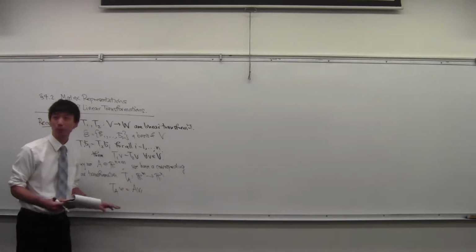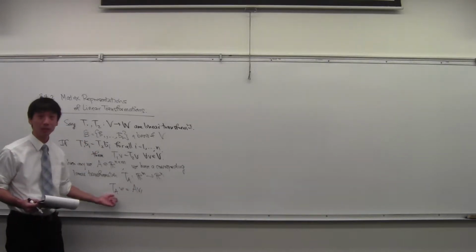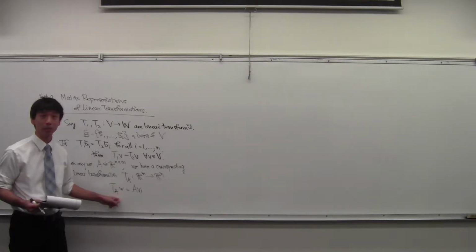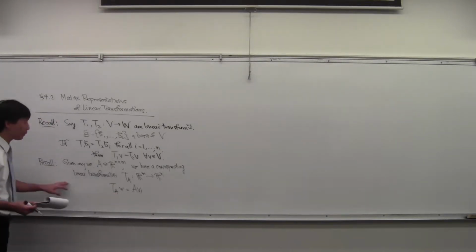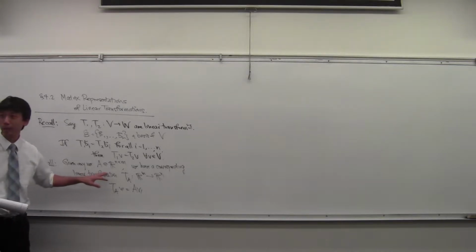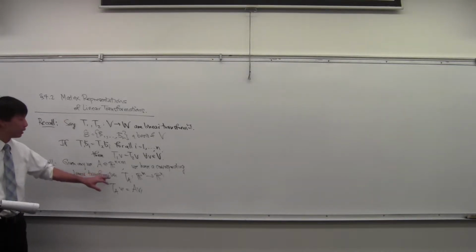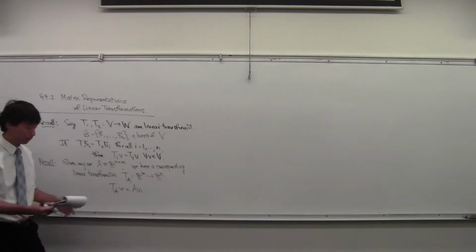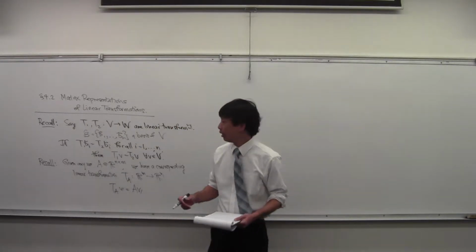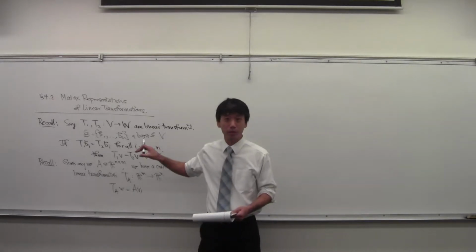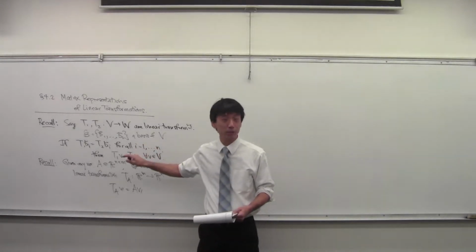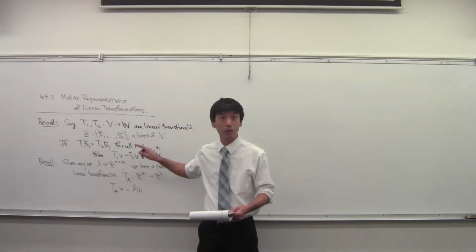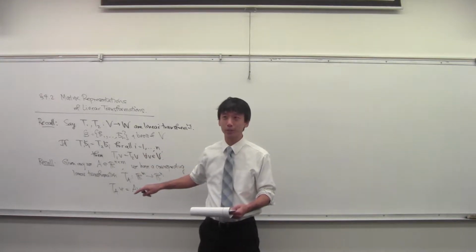Remember this notation: T sub A means the transformation you get by left multiplication by the matrix A. Left multiplication by a matrix creates a linear transformation. So given any matrix, you can create a corresponding linear transformation.